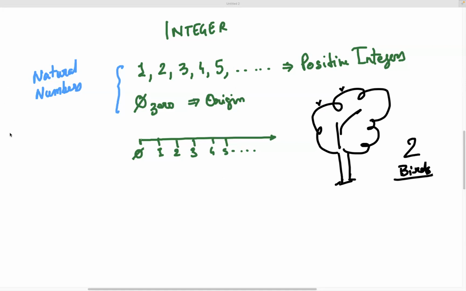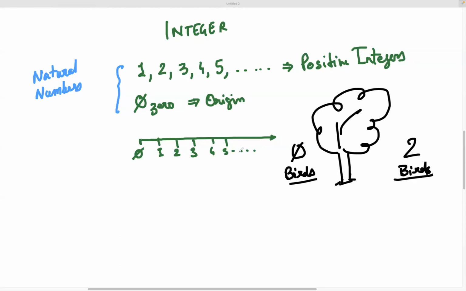And let's say for some reason the birds flew away. Now we do not have any birds on the tree, and to represent that, we would say there are 0 birds on the tree. That's another intuition about 0.